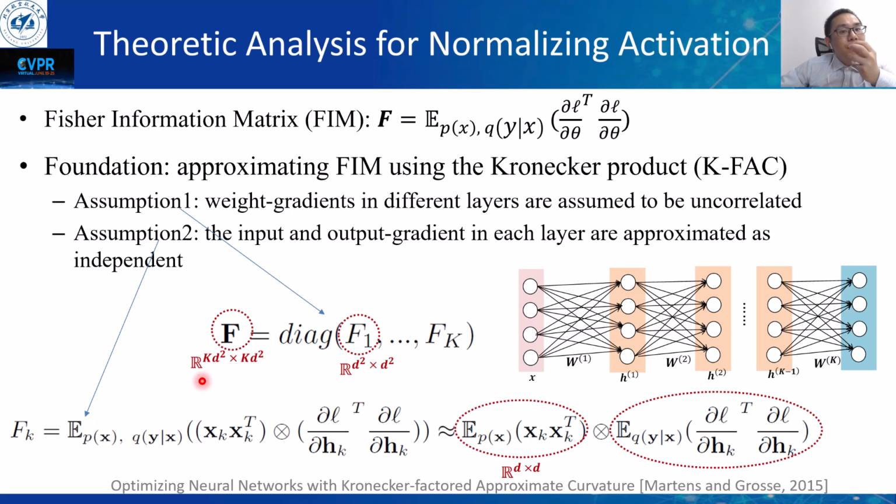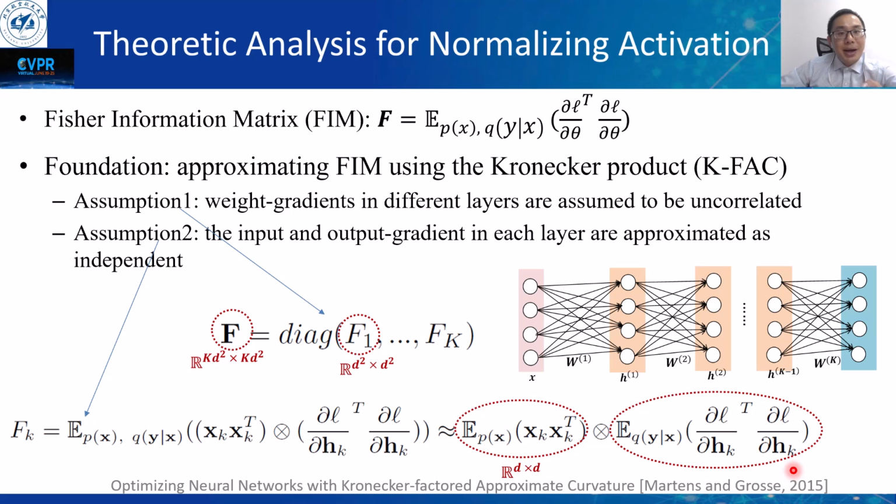Therefore, the Fisher information matrix can be represented as a block diagonal matrix, that is F equals diag F1 to FL, where Fi is the sub-Fisher information matrix, that is, the FIM with respect to the parameters in a certain layer, and is computed by this formulation.